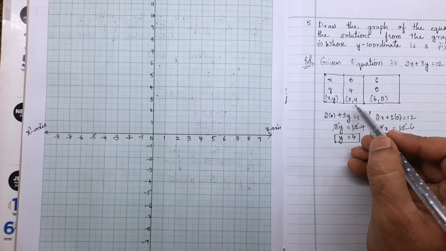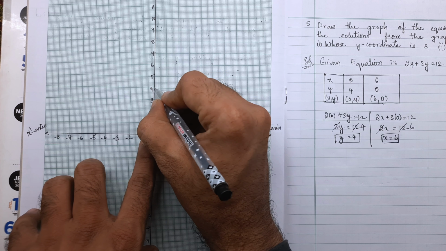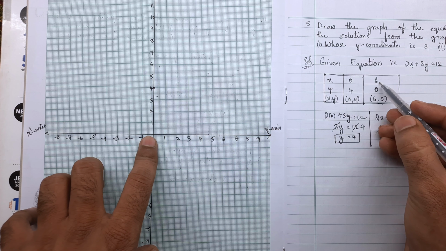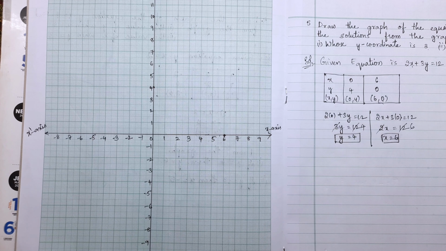Let us plot this point 0 comma 4: on x it is 0 and on y it is 4, and 6 comma 0. Now let us join these 2 points.